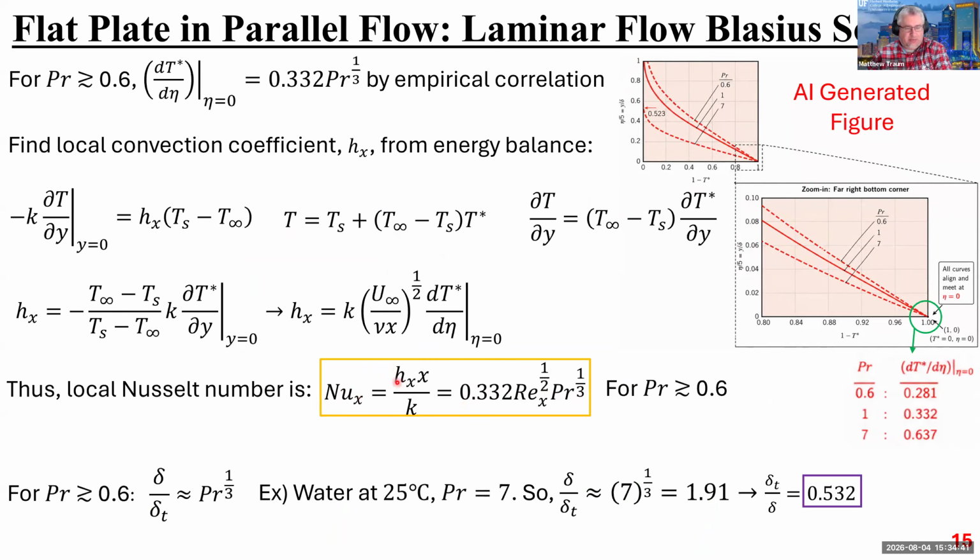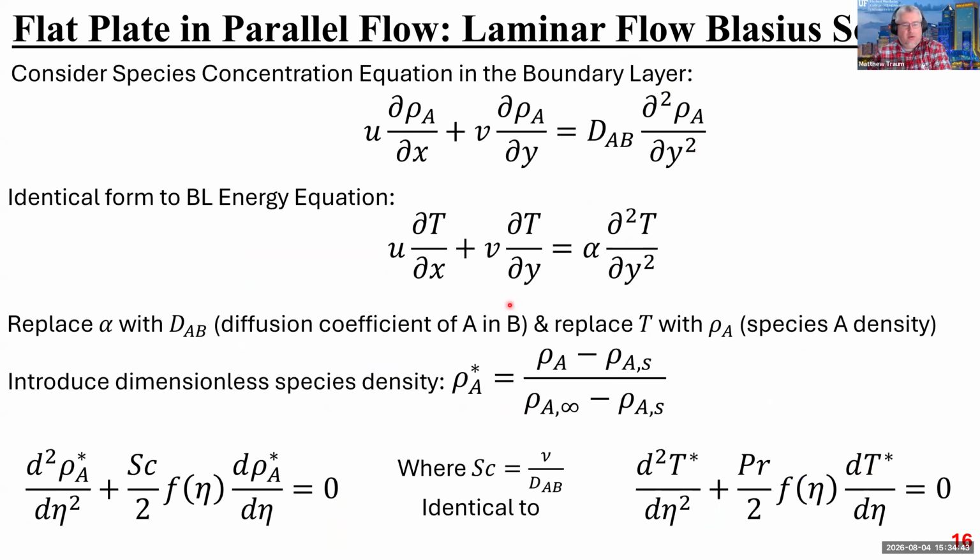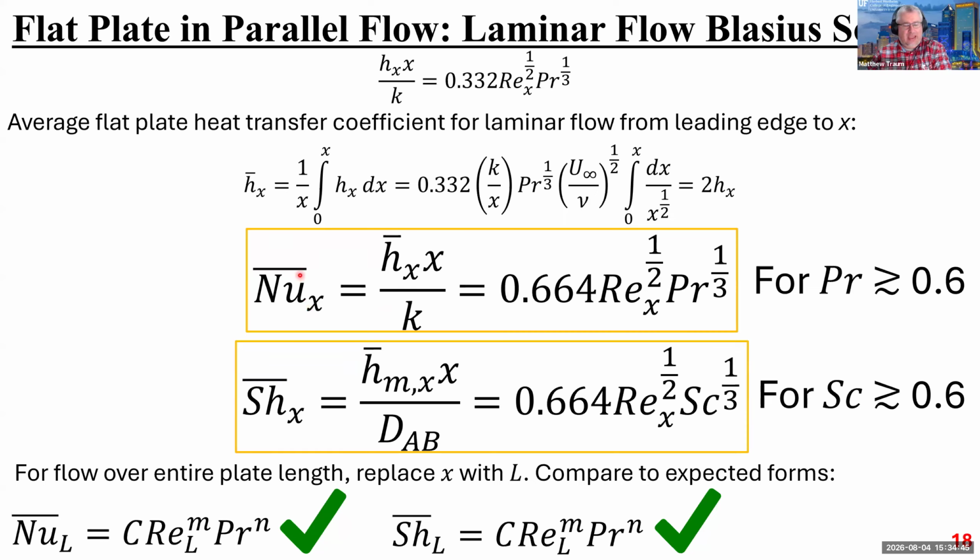So the average Nusselt number for some distance down the plate, x, is equal to 0.664 times Reynolds number at that spot to the 1/2 times Prandtl number to the 1/3.